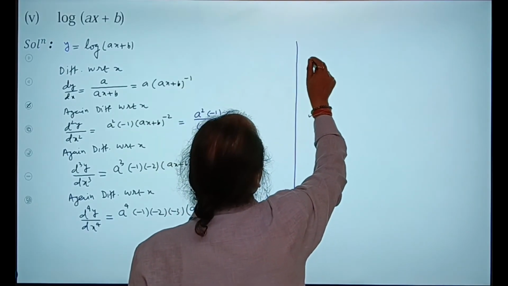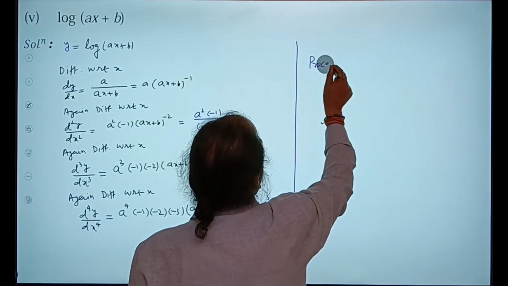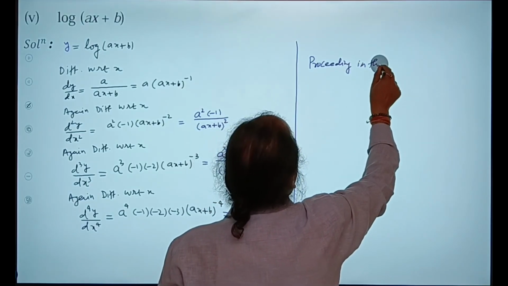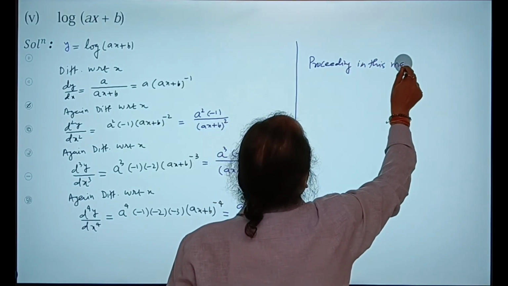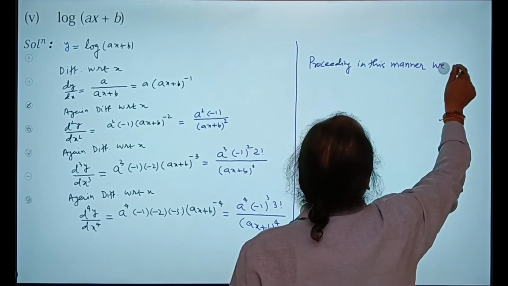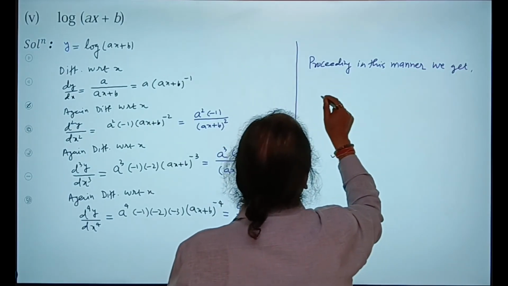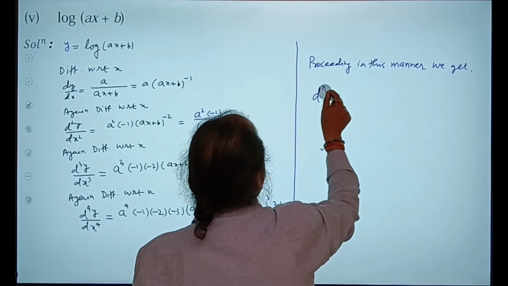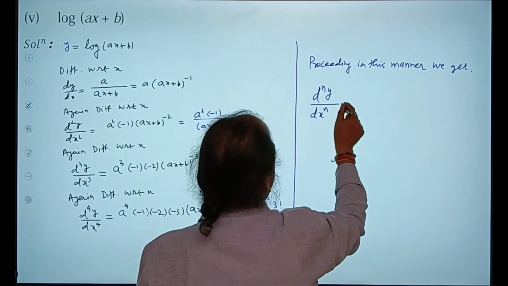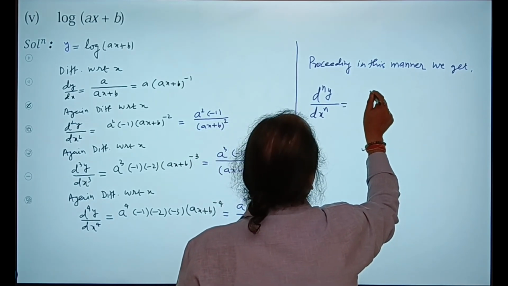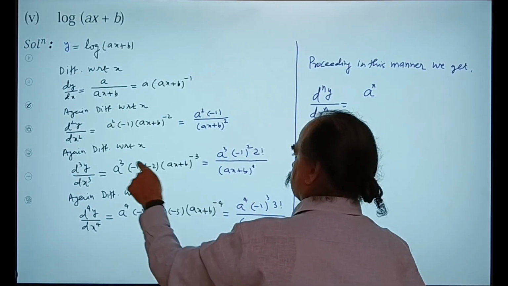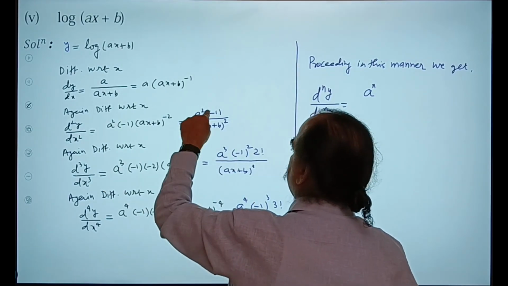Proceeding in this manner, we get nth order derivative of y is equal to a raised to n. In fourth order derivative 4, third a cube, second a square.